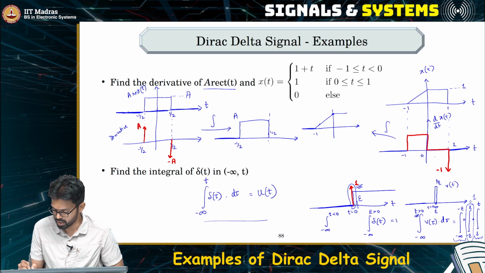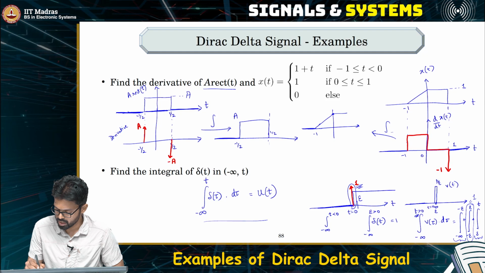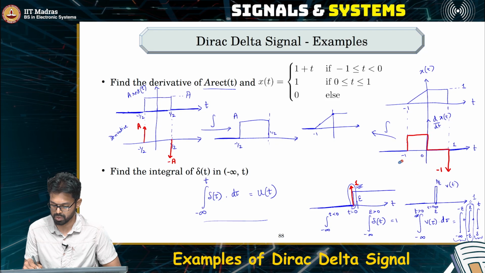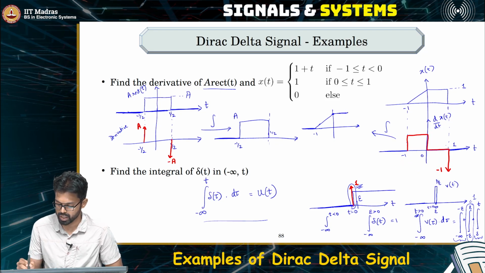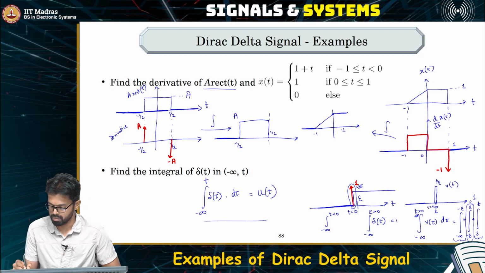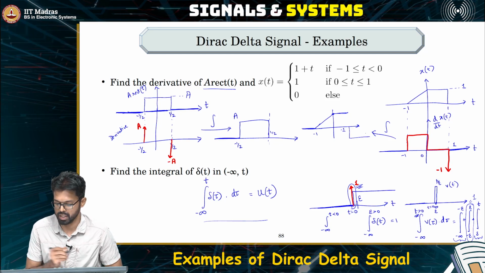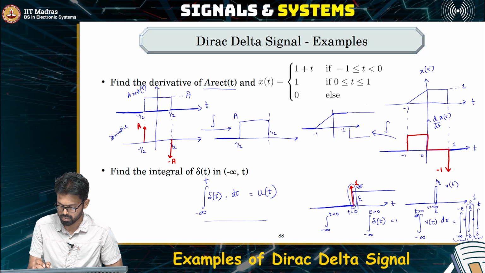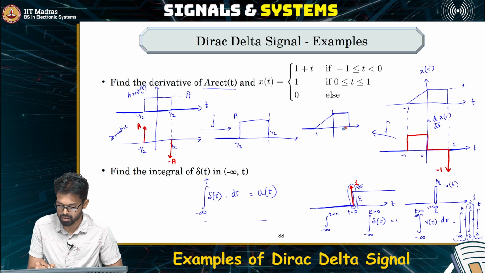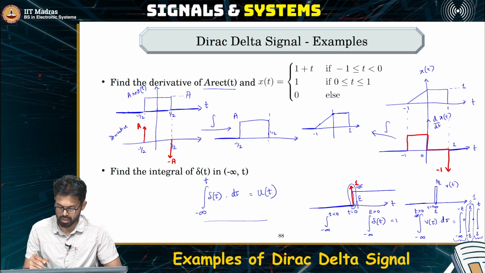So from minus 1 till this point, the area in this region is still equal to the area which was present between -1 and 0. So it's all the same till you reach +1. And after you reach +1, remember this is a step function in the negative direction. So you just add a step function like this, and that will cancel out these two and we get back our original signal.